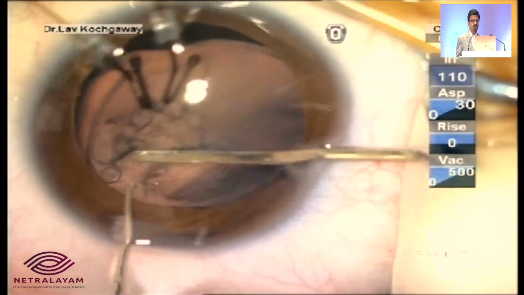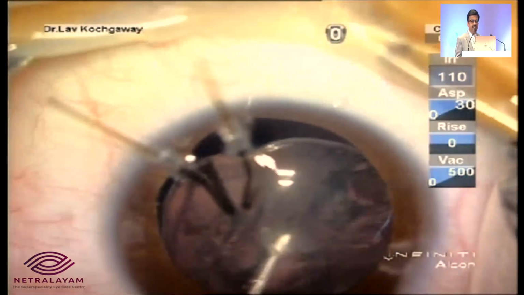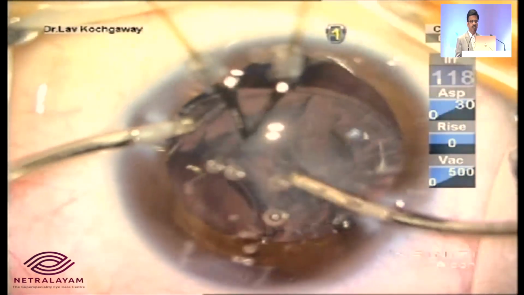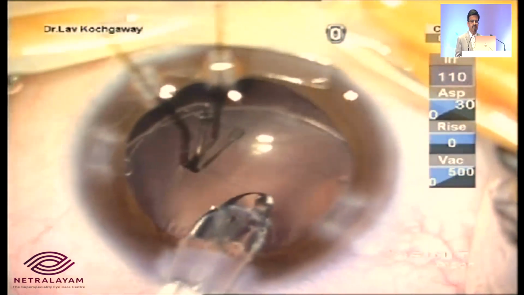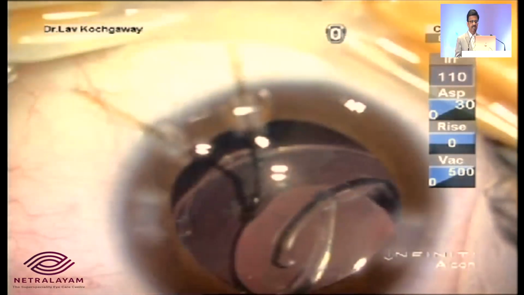Once it is done, we see the cortical aspiration is done after implantation of the CTR, and the lens is placed in the bag.